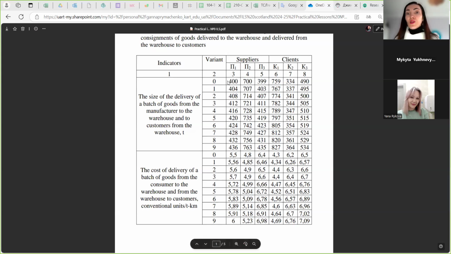For example, for variant 0, client number 1 needs 759 tons. For the first variant, 767. For the second variant, 774. Now, for other variants, please find this information.